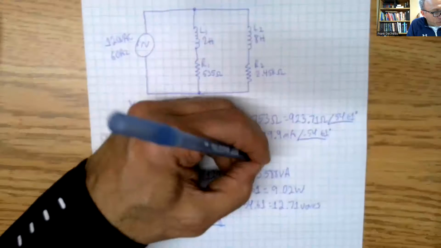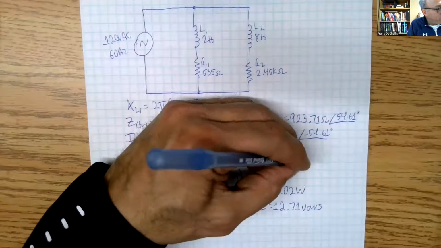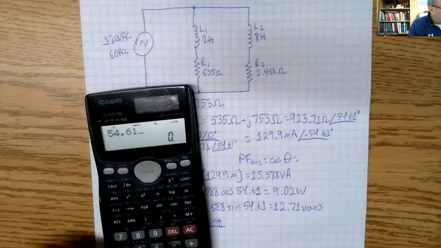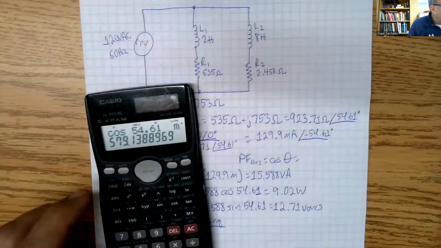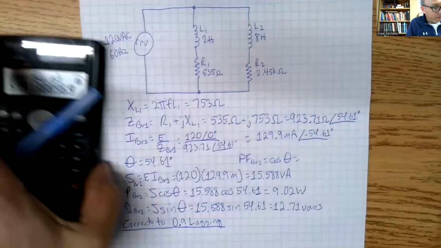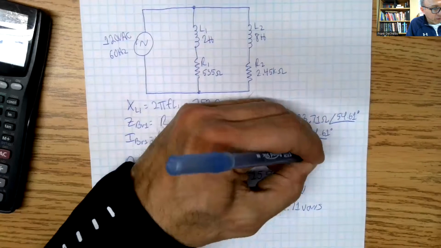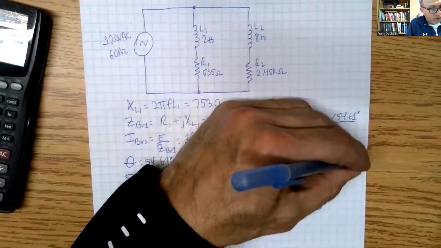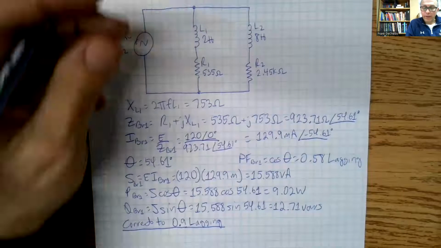The PF of branch 1 is cos theta, which is 0.58 lagging. So we want to correct that to 0.9 lagging.